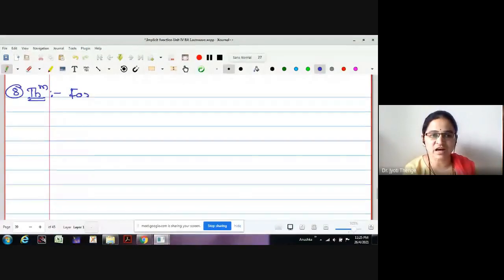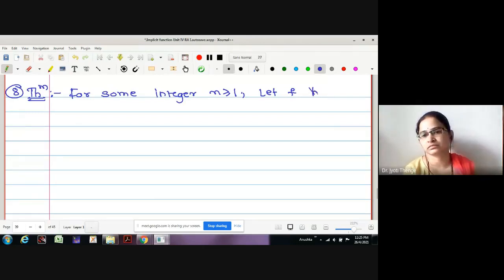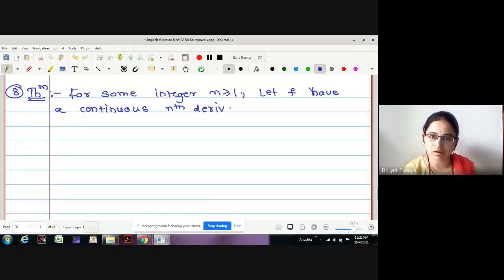The theorem says that for some integer n greater than or equal to 2, let f have a continuous nth derivative in the open interval AB.